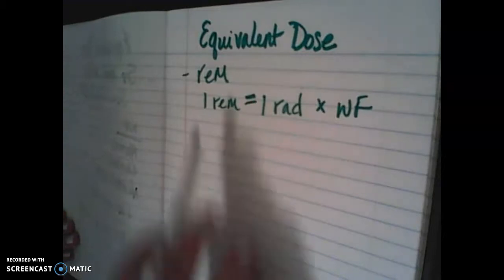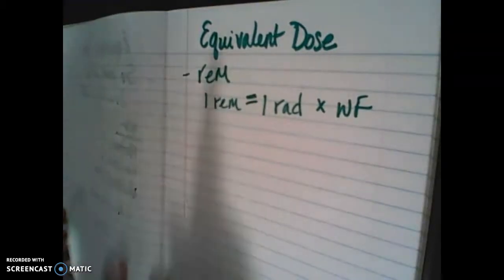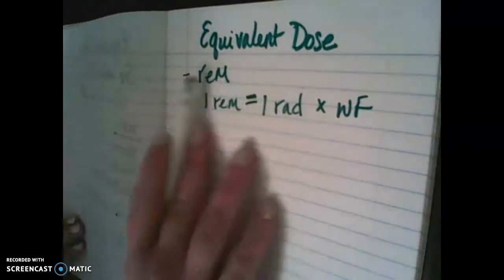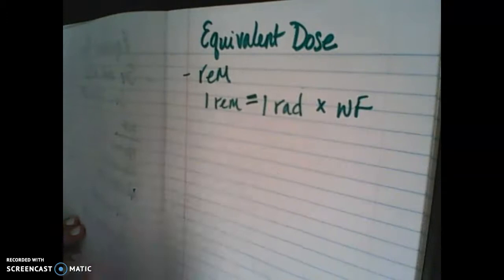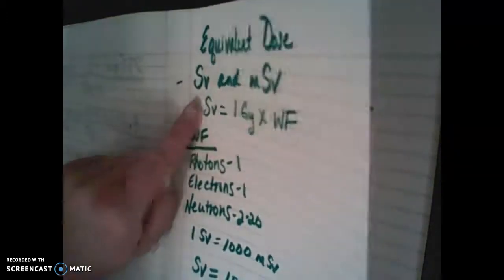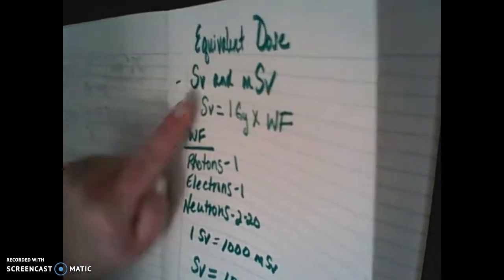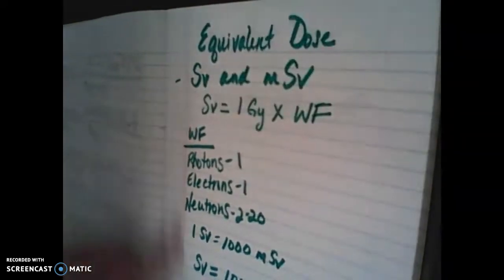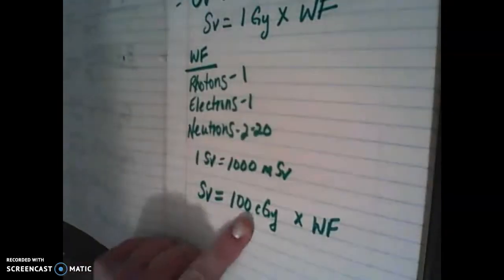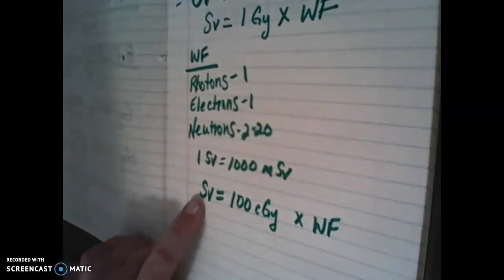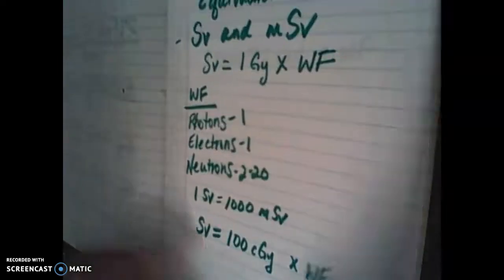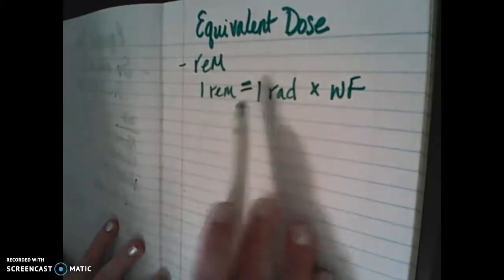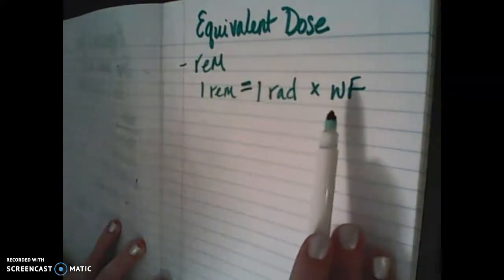Okay, so when we're talking about the rem, we're in a different system. We're in the traditional system. So the rem measures equivalent dose, and the sievert measures equivalent dose. But these two units are not the same size. If we remember that there's 100 centigray that make up a sievert, keep that in mind. For rem, a rem is 1 rad times the weighting factor.